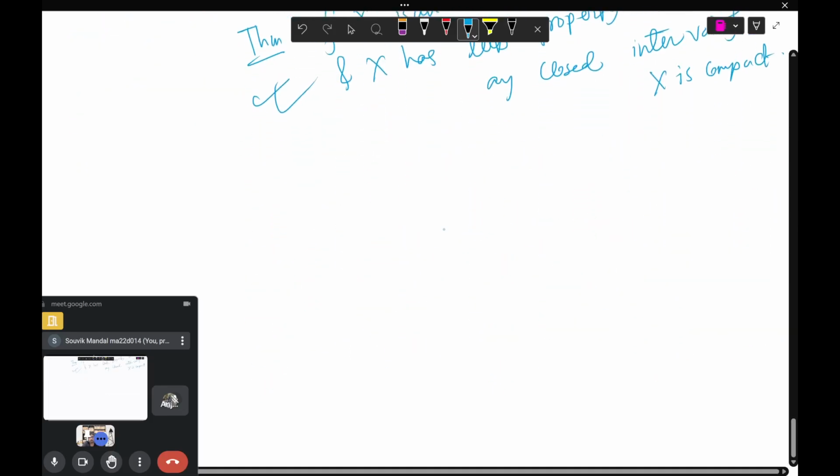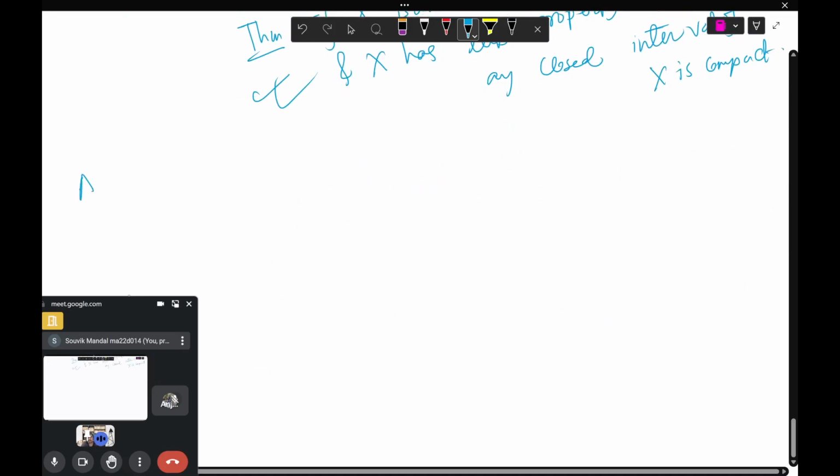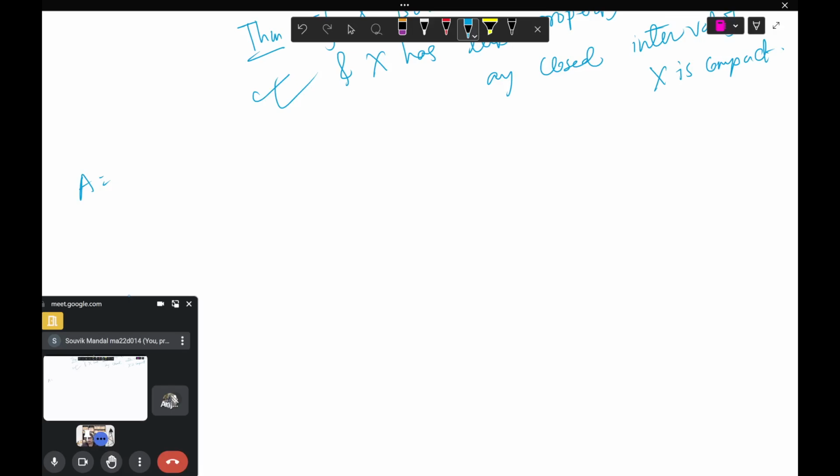Now consider the subspace A of I cross the open interval (0, 1). And consider the open cover: the single x cross the open interval (0, 1).